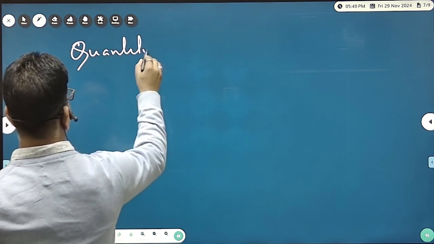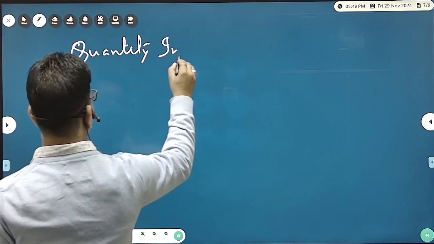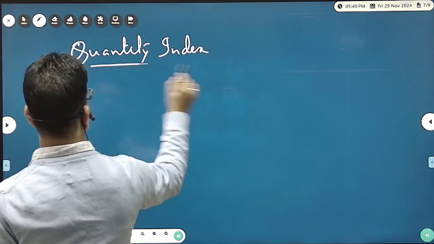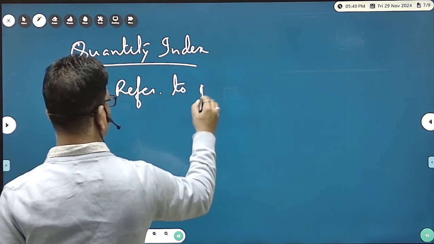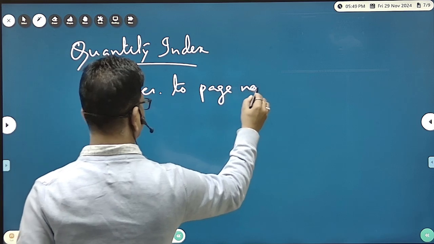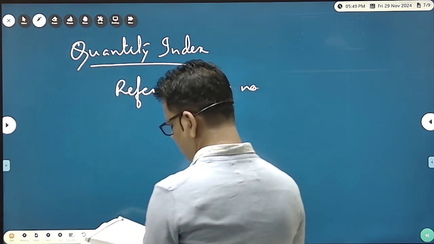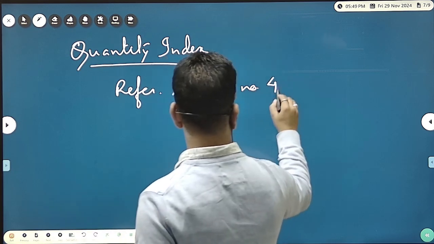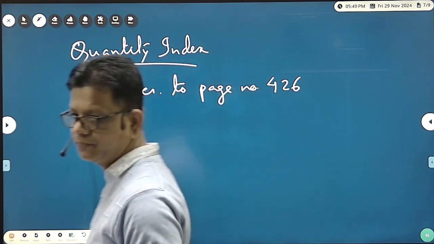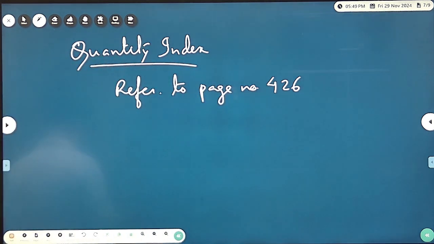So for quantity index, refer to page number 426 in your textbook. Now see this page number, everyone, and observe the formulas.